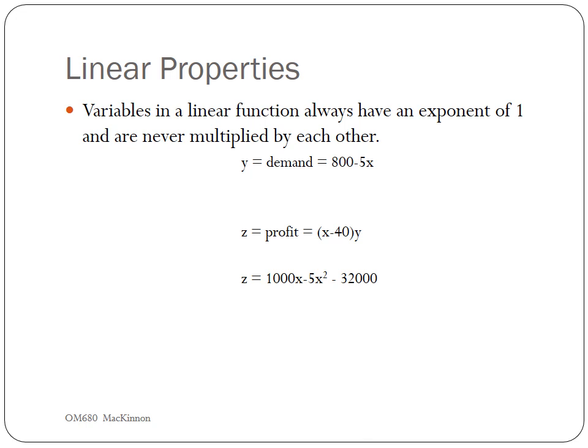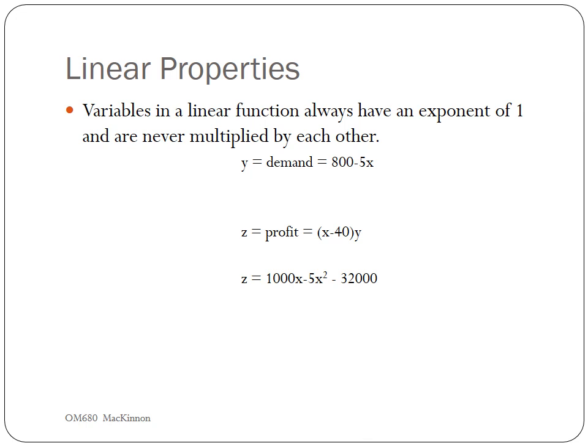So variables in a linear function always have an exponent of 1. They are never squared or anything like that. So for example, hearkening back to chapter 1 in our demand curve, y equals demand, which equals 800 minus 5 times x. That is linear. Everything has an exponent of 1.